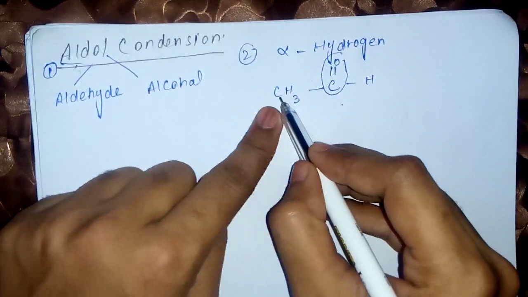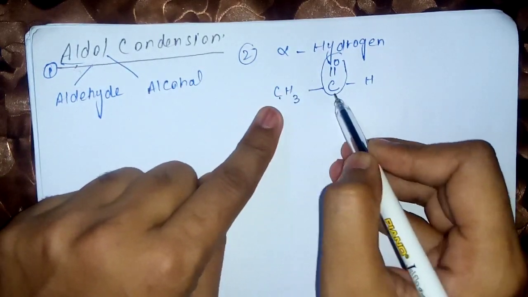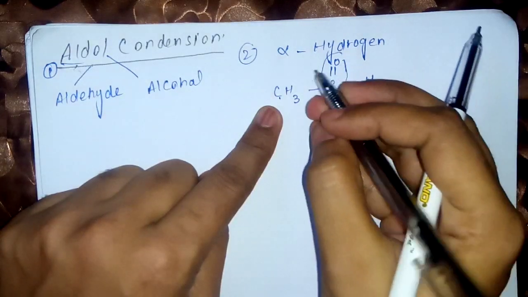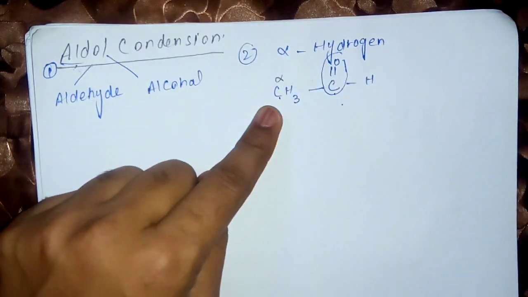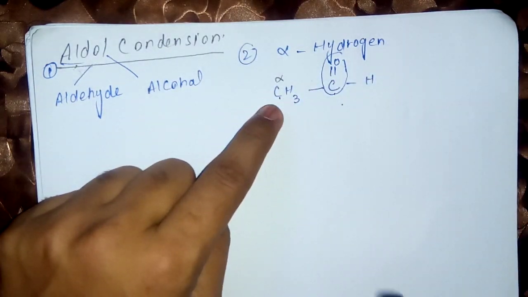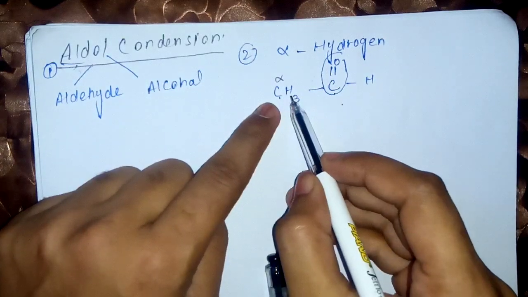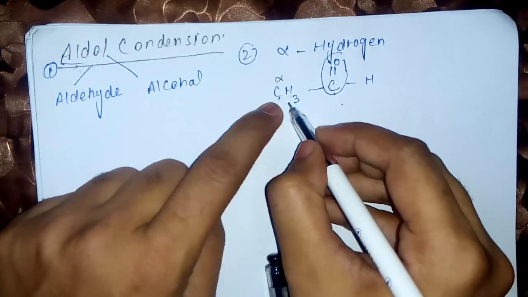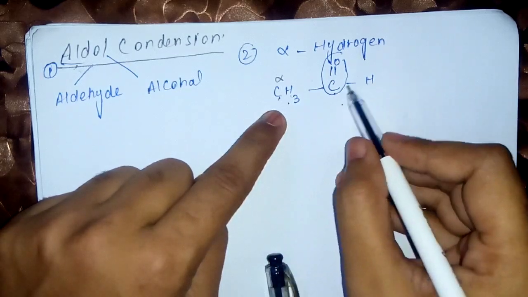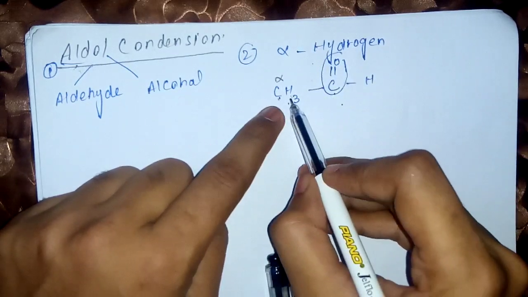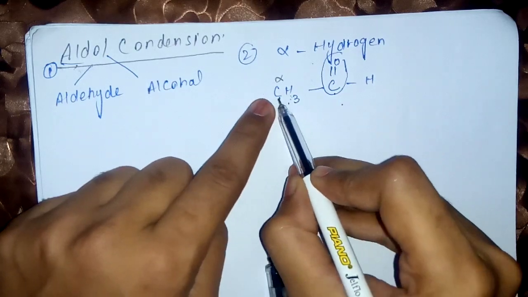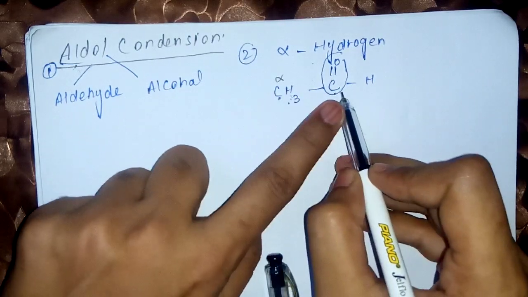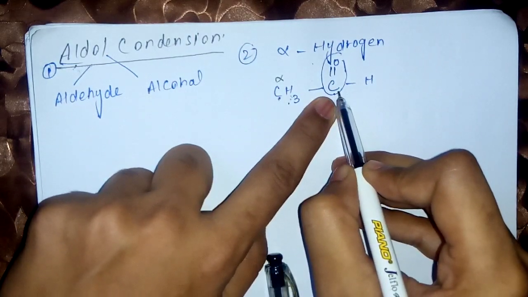The carbon atom directly attached to the carbonyl functional group is called the alpha carbon. So obviously the hydrogen atom attached to this carbon atom is also called the alpha hydrogen. So what is alpha hydrogen? Those hydrogens which are directly attached to the alpha carbon, and the alpha carbon is directly attached to the carbonyl group.